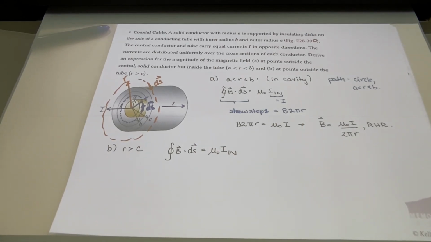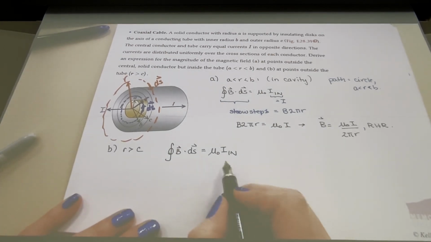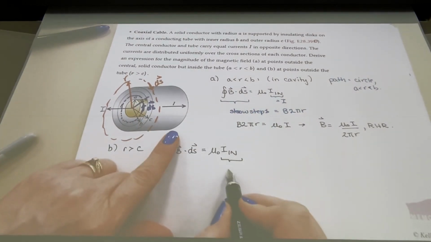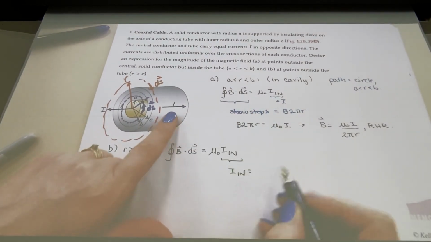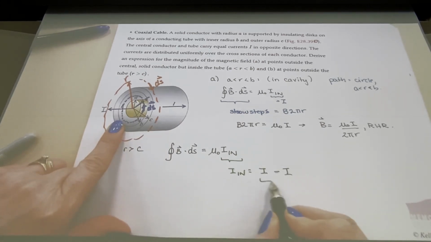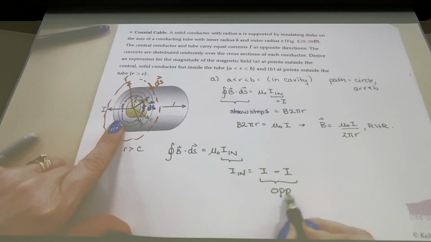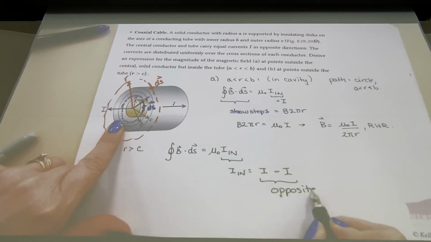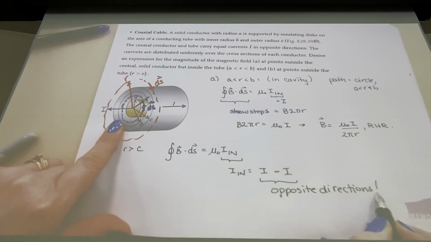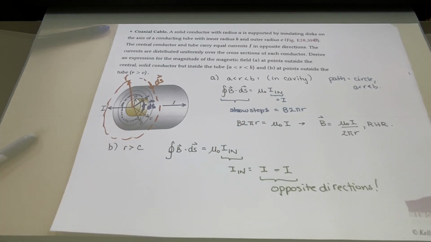I'm going to do my I in first instead of my integral first. So my I in equals the net current enclosed by my path. So my I in equals a current I minus current I. They flow in opposite directions. So my net current here is actually 0.